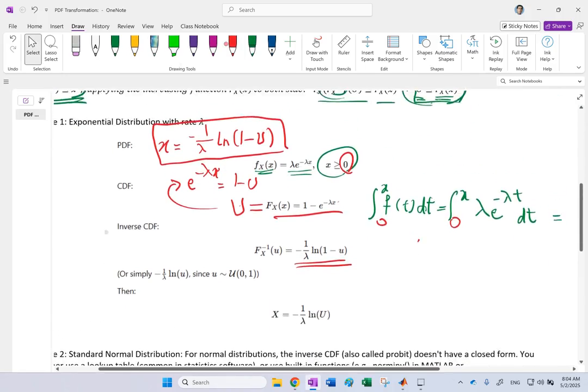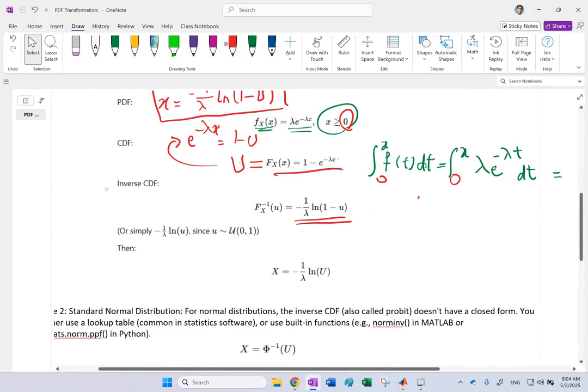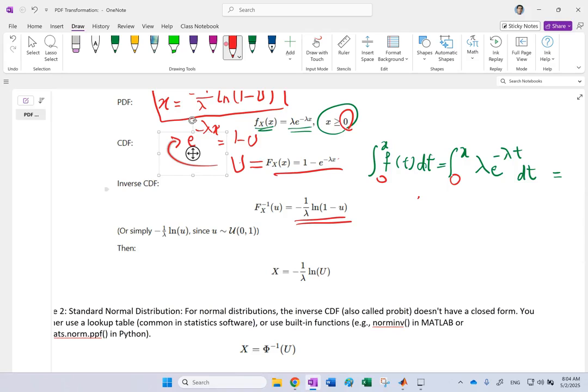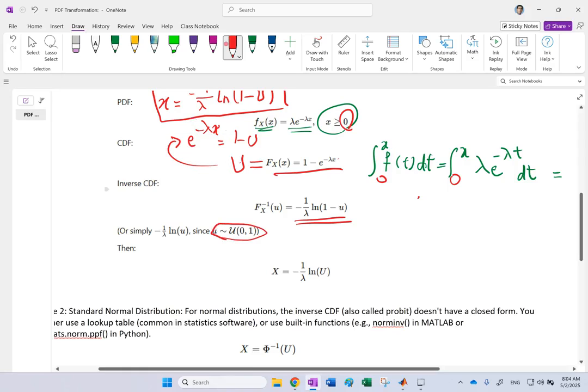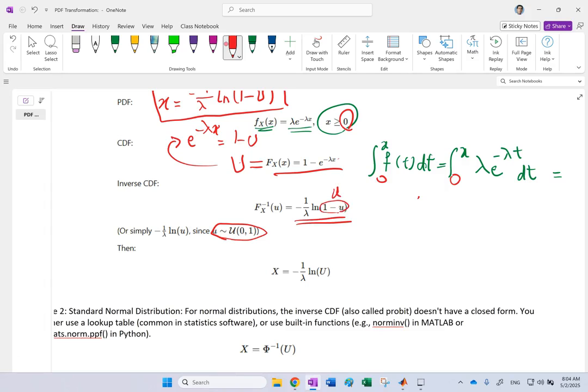Now, one thing important here is you can simplify this if you want to, correct? Remember, your u is in the range 0 to 1, so 1 minus u and u are behaving the same way, correct? They are both between 0 to 1.